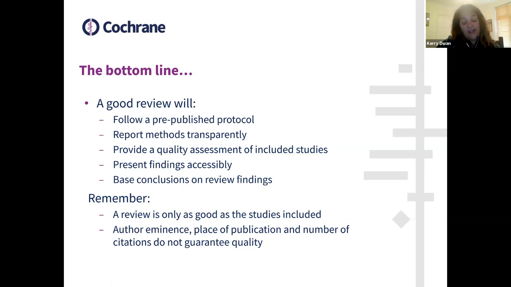And as Rebecca said again, a review is only as good as the studies included. So if all of the studies are unclear or high risk of bias, this should be reflected in the GRADE ratings. So it should be summarised in the summary of findings tables and in the abstract as to how certain you are about the quality of the evidence. That's it from me.